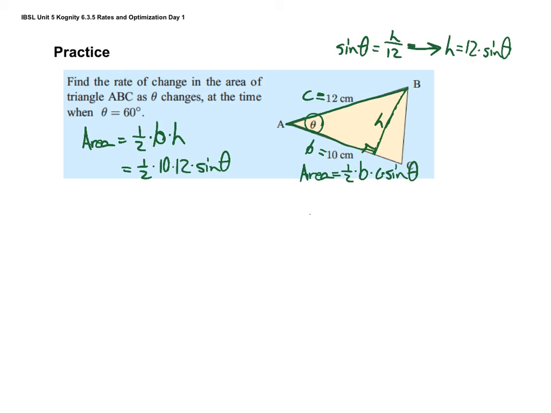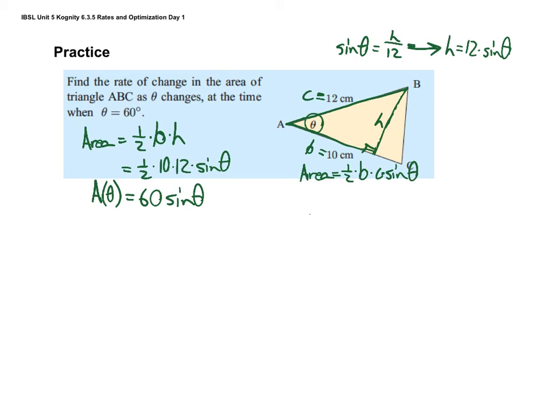So our area, written as a function of theta, is actually going to be 60 sine theta. All right, so that was the hard part. Now let's figure out what the rate of change of the area is.